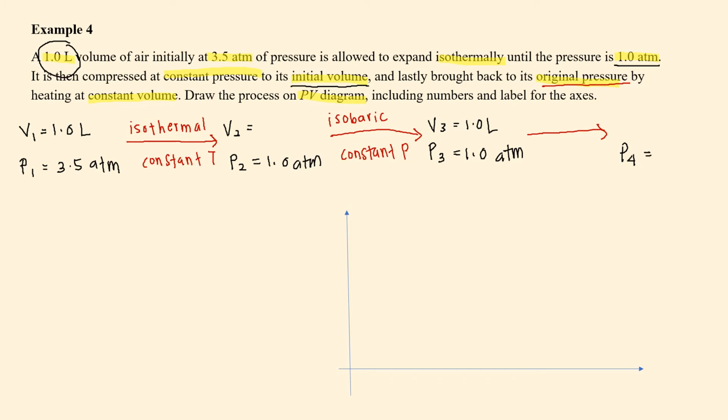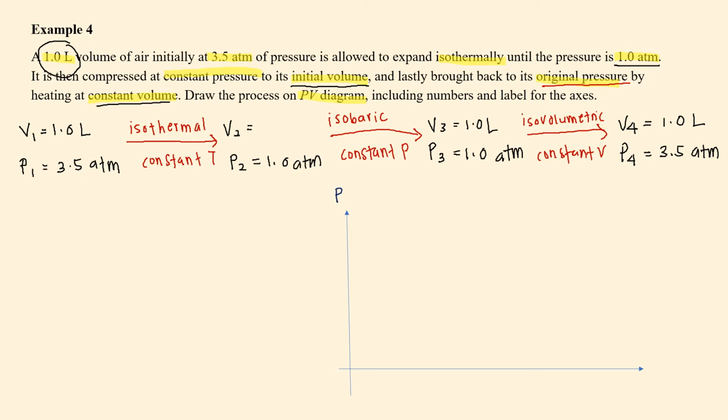So pressure original dia tadi adalah, kita tengok P1, 3.5 atm, at constant volume. So constant volume sama dengan volume yang previous, which is 1 liter. So kalau constant volume, remember again, it is what we call as isovolumetric process, where the V is constant. Okay, so now let's sketch the PV diagram.